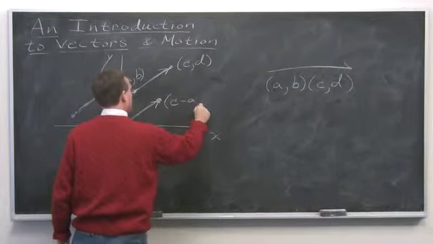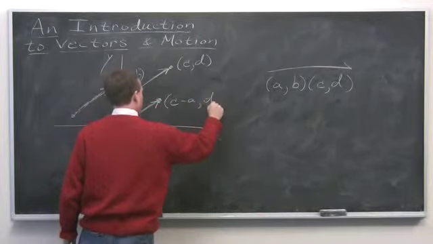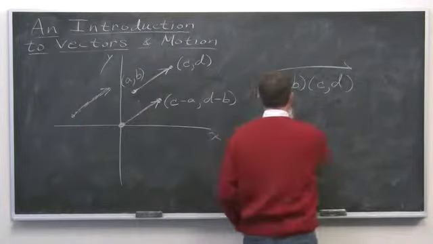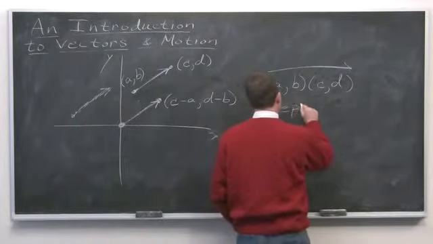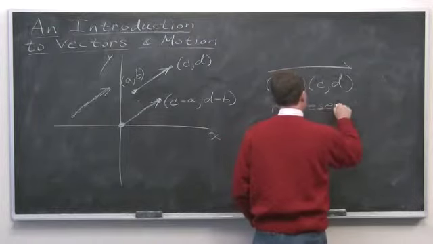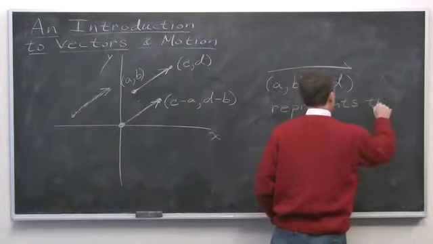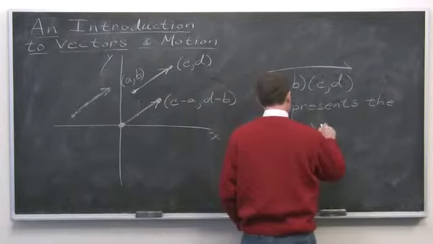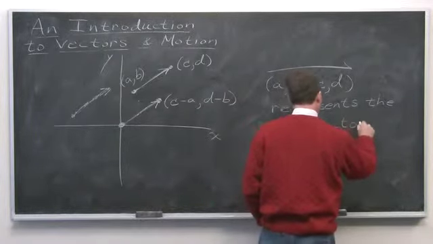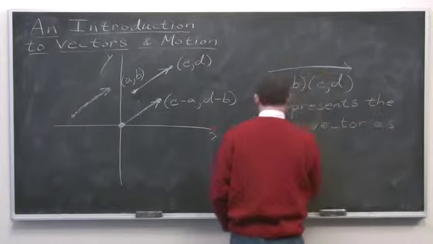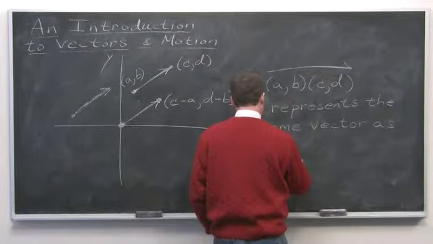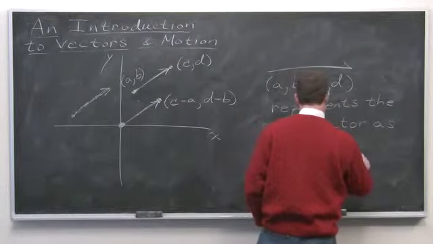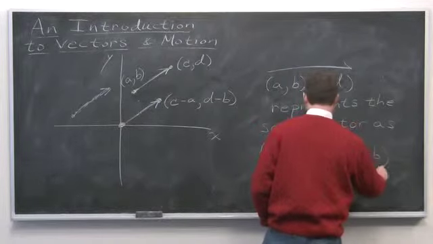You subtract A and you subtract B. So this arrow represents the same vector as the vector from (0, 0) to (C minus A, D minus B).